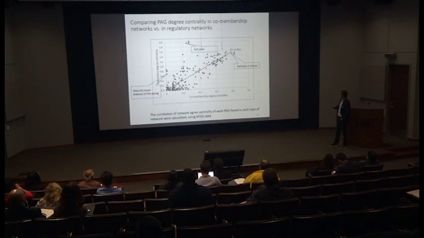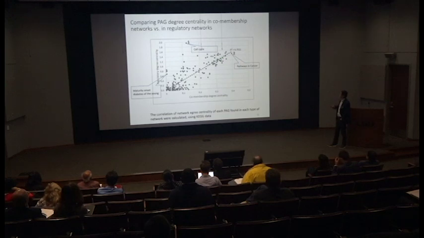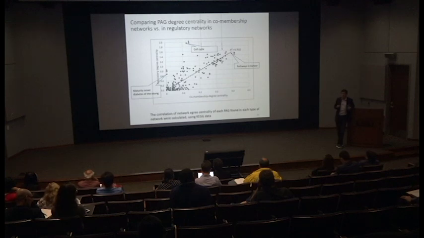For example, the cell cycle seems to be heavily used in the regulatory PAG network, which is not surprising because cancer is well studied and a lot of the genes are either upstream regulating cell cycle or downstream. So my argument is that there's a utility in using not only a variety of data for PAGs themselves, but also different types of meanings assigned to the PAG-to-PAG relationship.